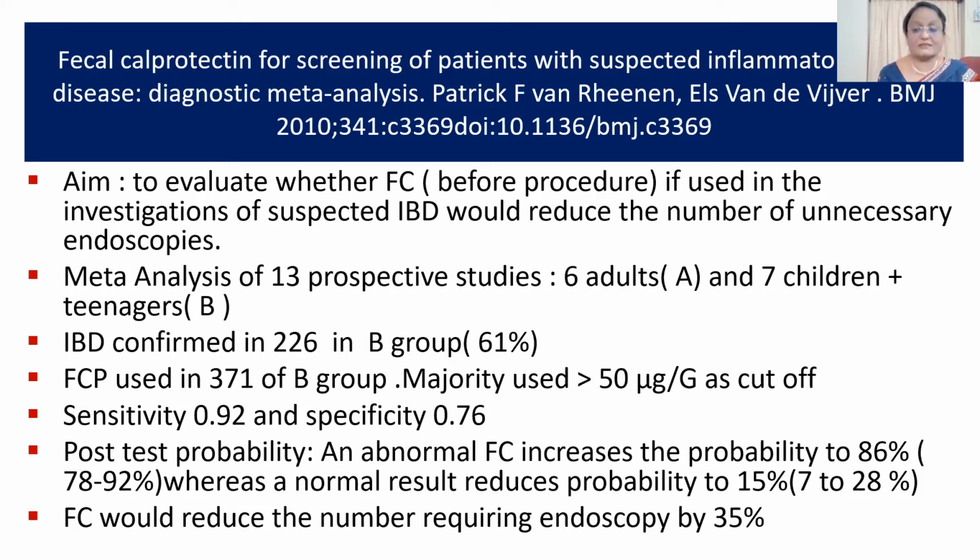The post-test probability, that is, for those who had the FC done and the endoscopy, they found that if you had an abnormal FC, you increased the probability to 86%, whereas a normal result reduces the probability to 15%. So the final statement was fecal calprotectin could reduce the number requiring endoscopy by 35%.